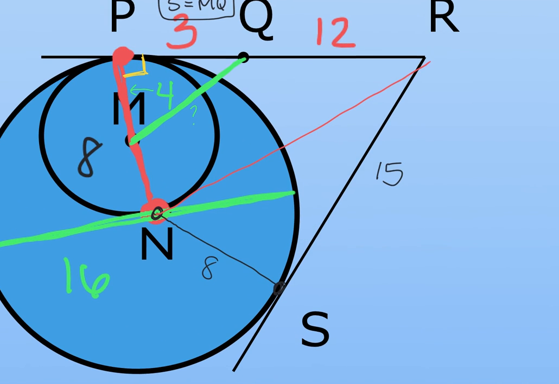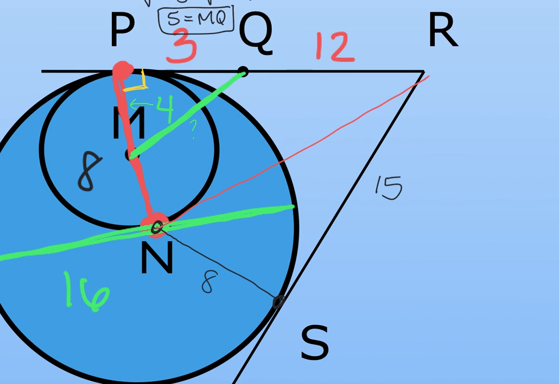Look at what we have right now. We're gonna have to do some calculation. Does anyone see a triangle, perhaps? It's not the altitude.